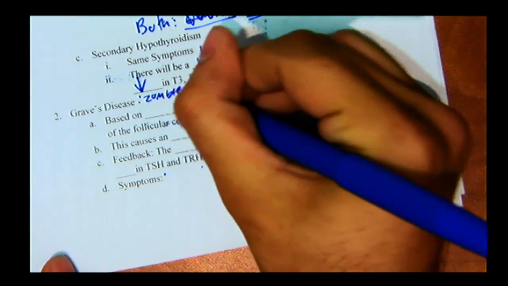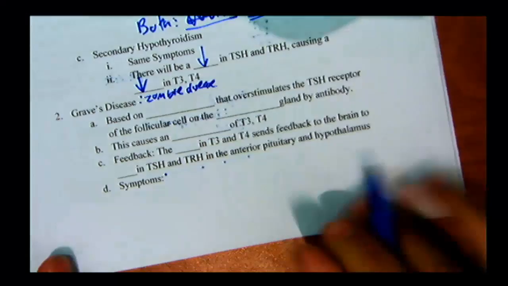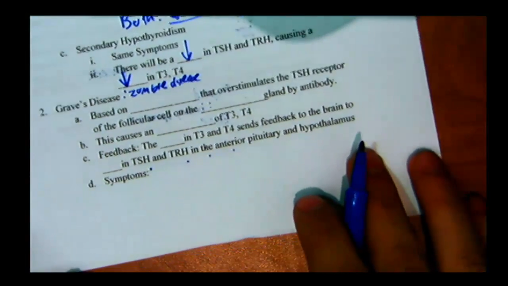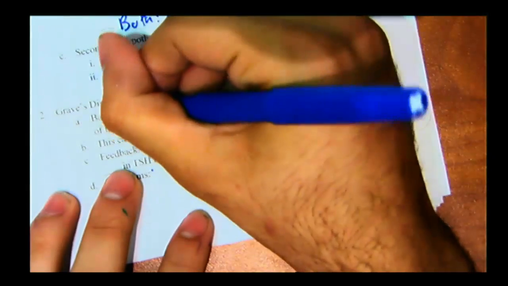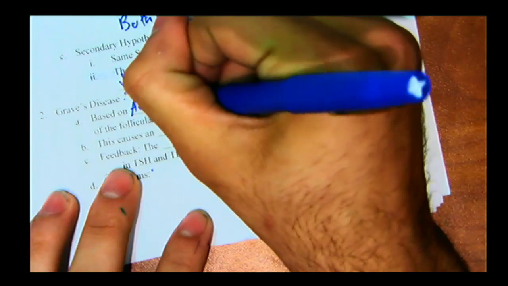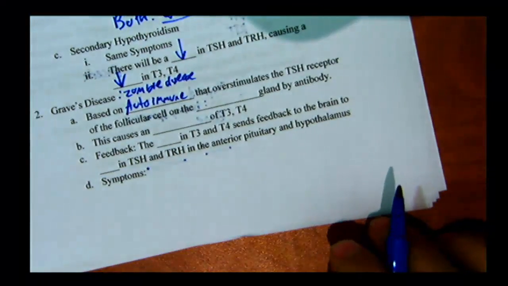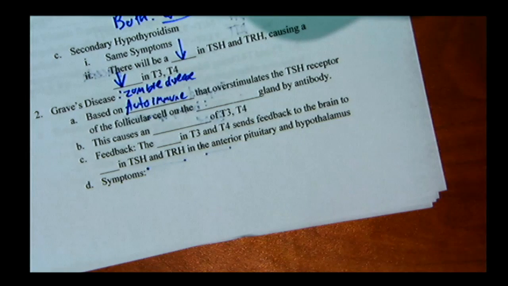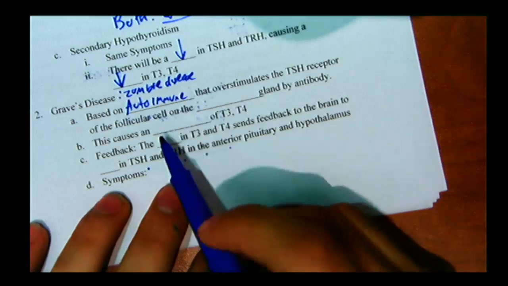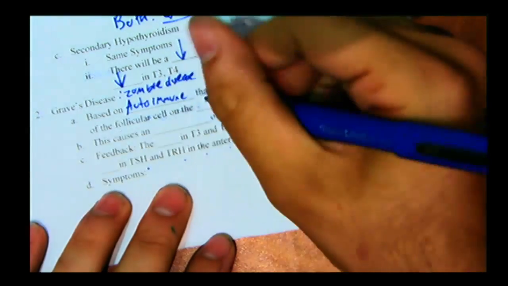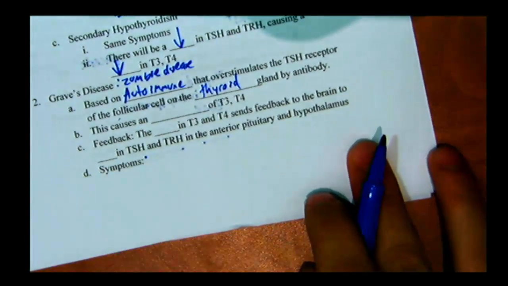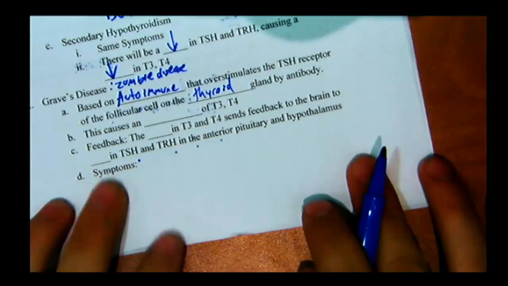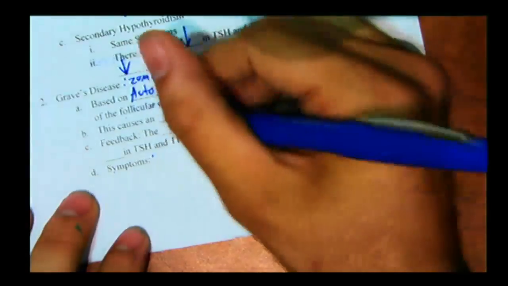So instead of TSH binding to the thyroid gland, all these antibodies are binding to the follicular cell of the thyroid gland. So this causes an increase or decrease in T3, T4? Increase. Awesome. So feedback, the increase in T3, T4, sends feedback to the brain to do what? To decrease TSH and TRH in the anterior pituitary and hypothalamus.